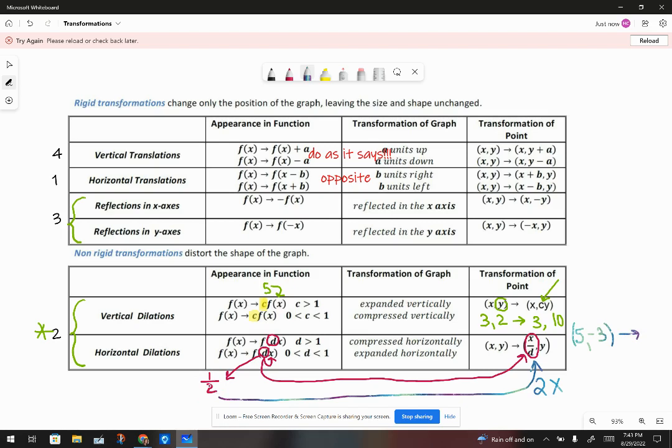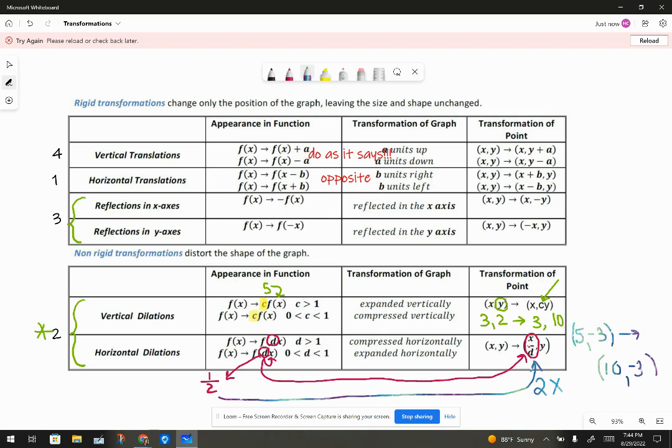Well, what you told me is that 1/2 became a 2, and the 2 has to multiply by the X. What is 2 times 5? 10, comma, and then my Y value stays the same. So my transformed point is 10, -3. So you went from X to 2X, which is 2 times 5, and the Y's don't change.